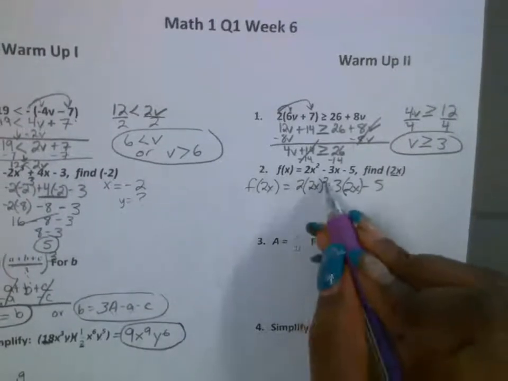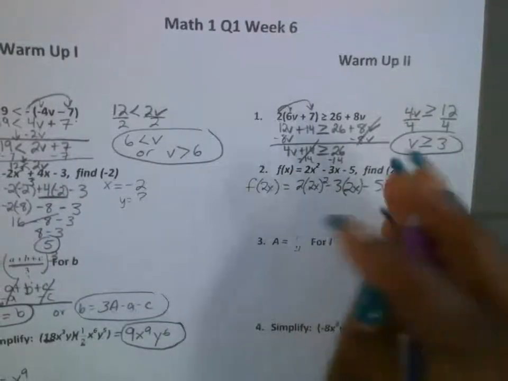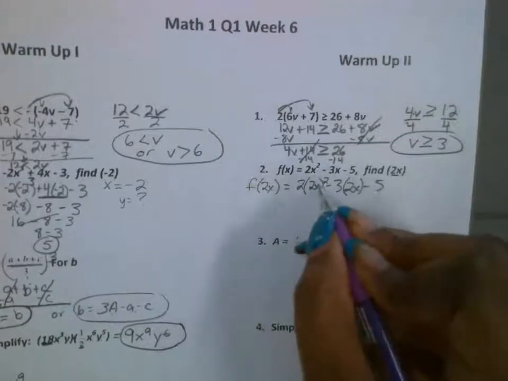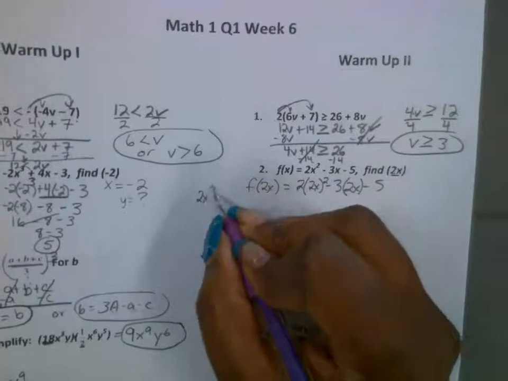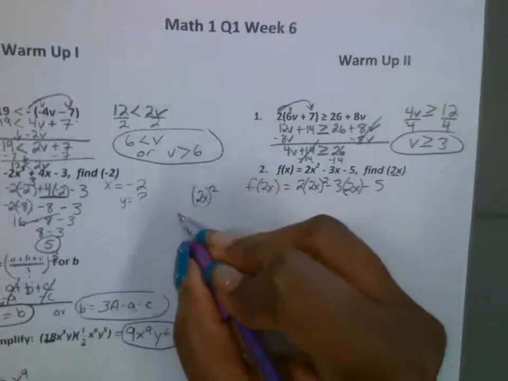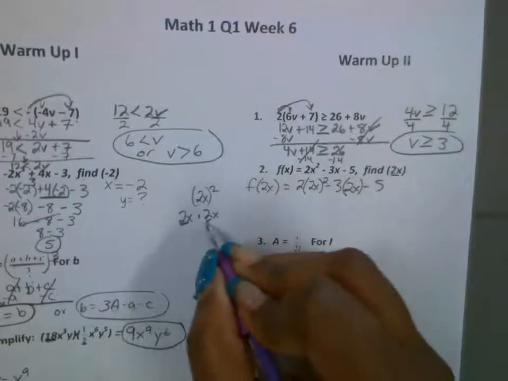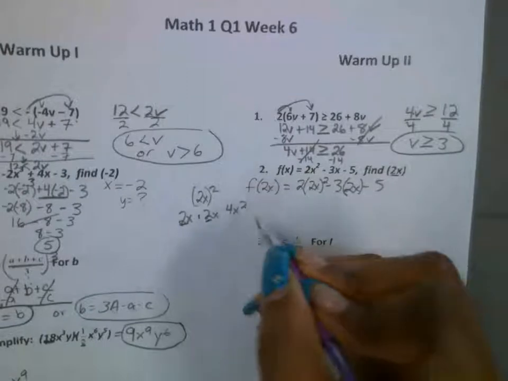Order of operations tells us to do the parentheses, all operations in parentheses. We don't have operations in parentheses, so we're going to do exponents. Out to the side, we're going to do this. This is 2x squared, which is the same as saying 2x times 2x. 2 times 2 gives us 4. X times x gives us x squared.